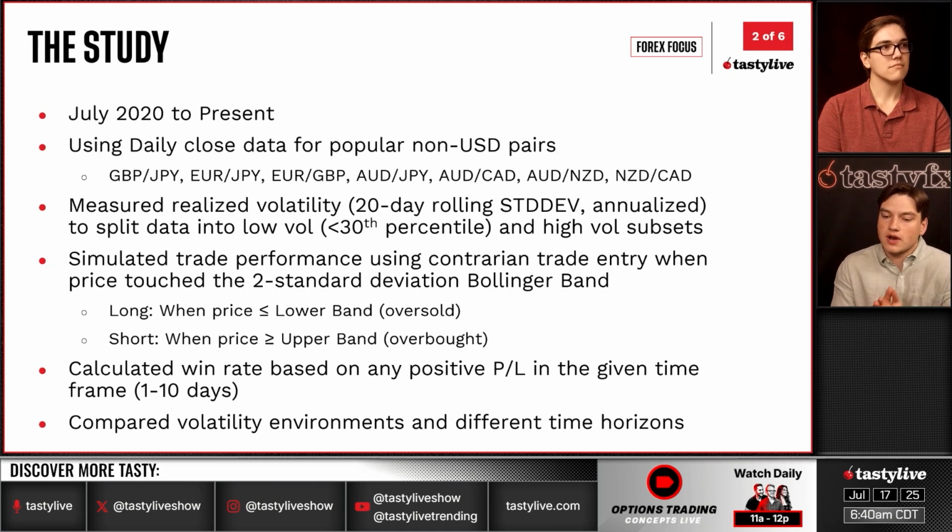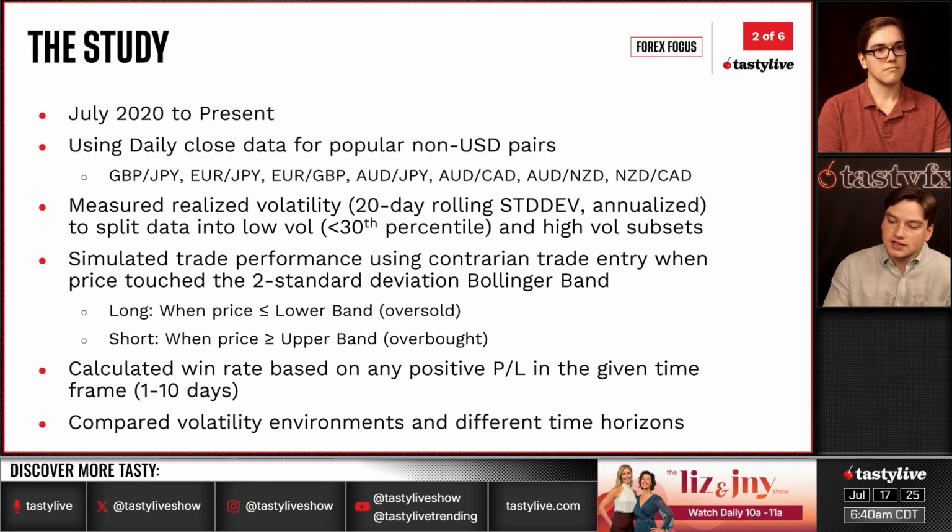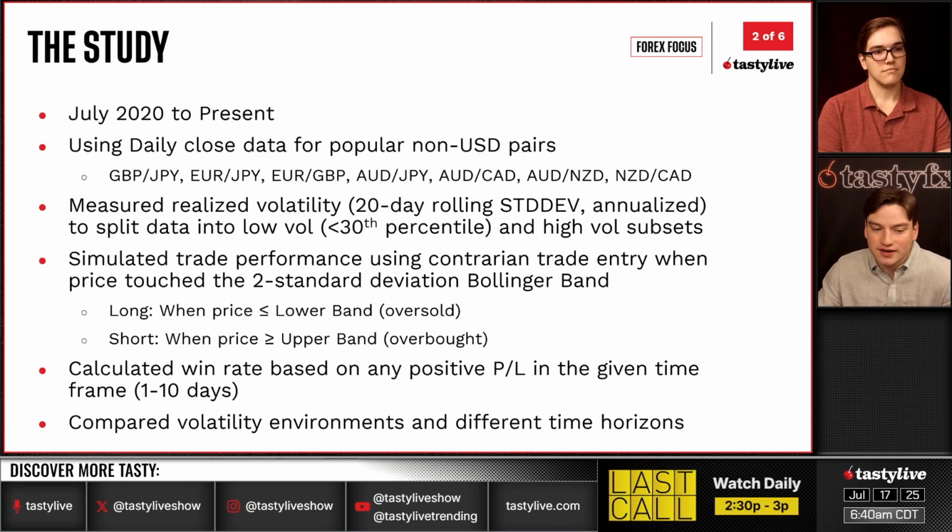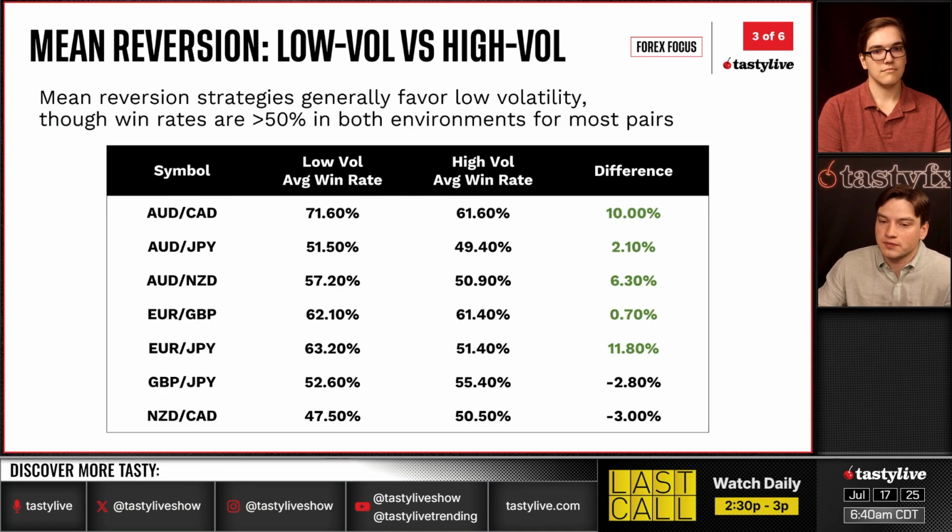So when we're talking about low volatility and high volatility environments, this indicator works because it's not a set threshold across the board, a set pip distance or percentage distance. It reacts to how much the market is moving. And we got some very interesting results here.